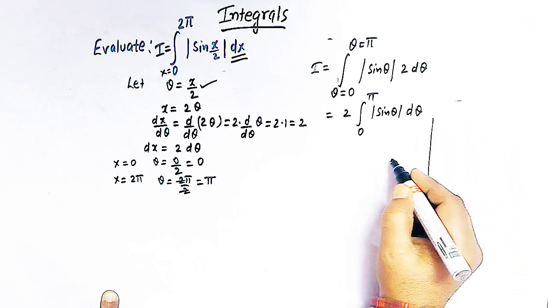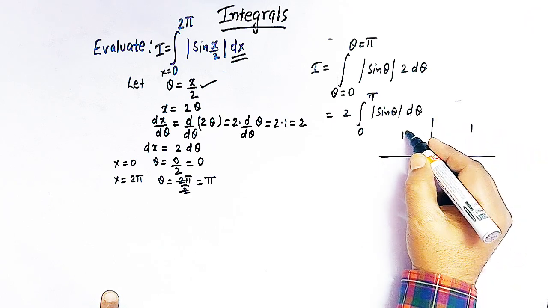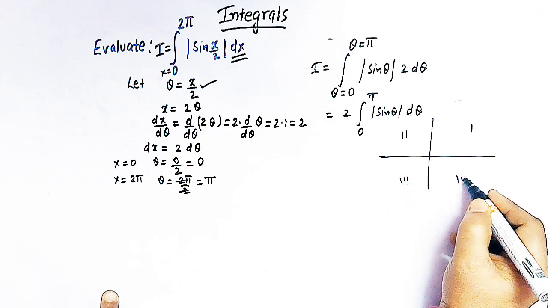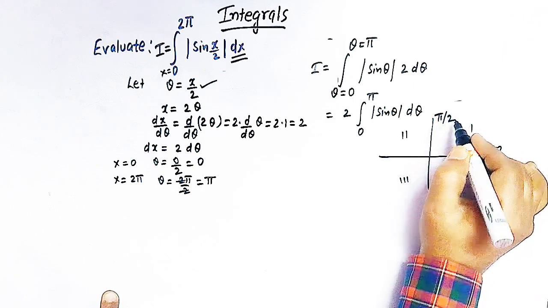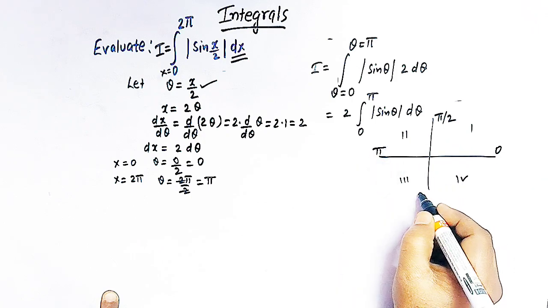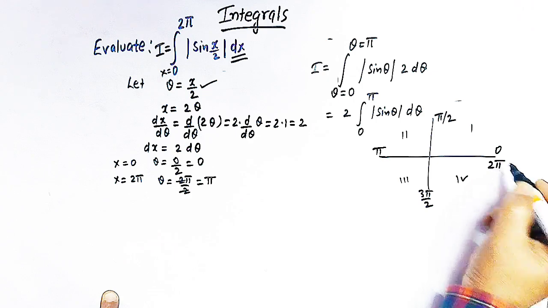Now see, here we have the four quadrants, that is first, second, third and fourth. And here we have 0, here we have pi by 2, here we have pi, here we have 3 pi by 2, and here we have 2 pi.